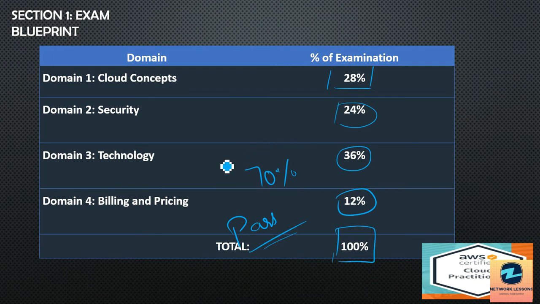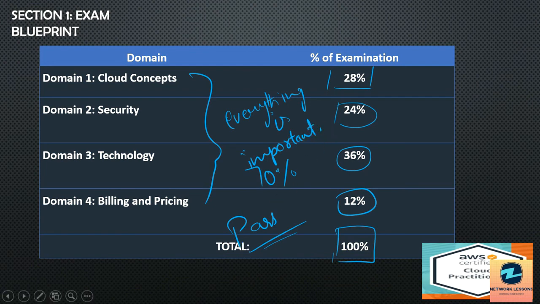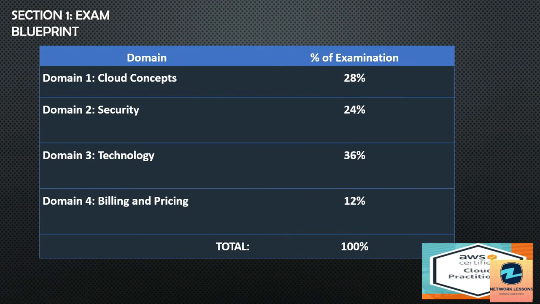So be careful guys, and don't skip any concept in these, because everything is important. Try to cover all these topics so that it's going to be easy for you to clear the exam.